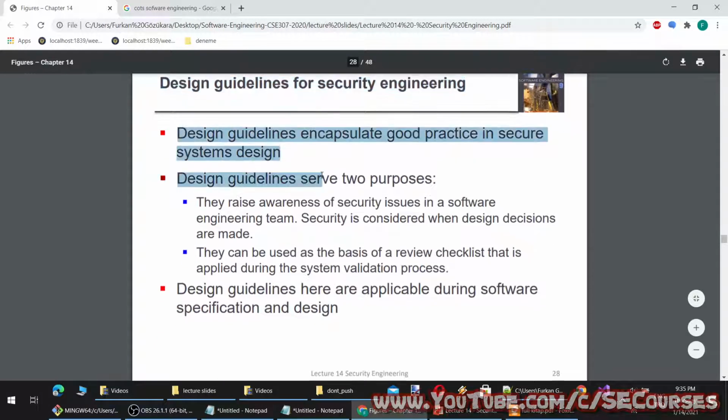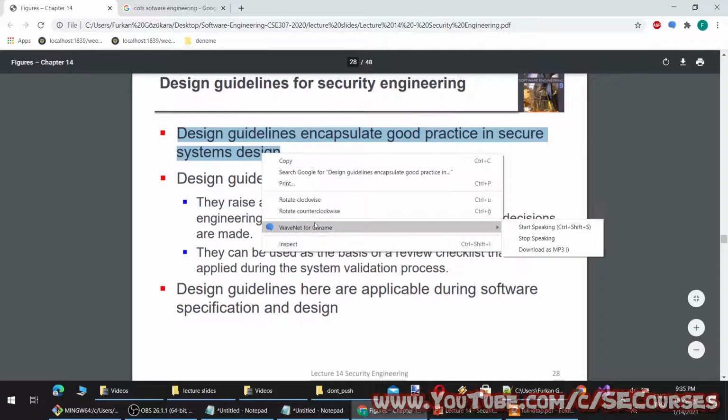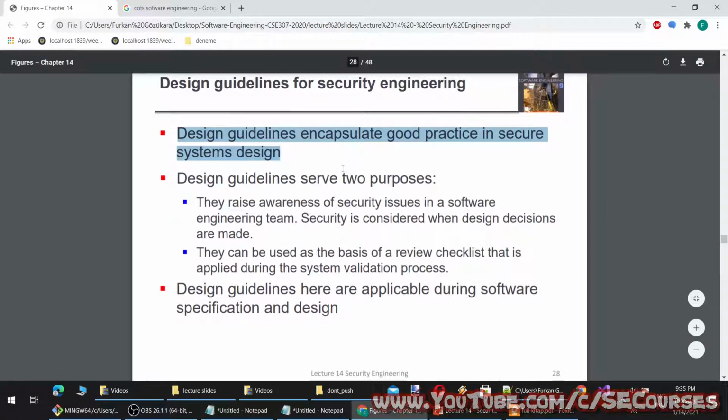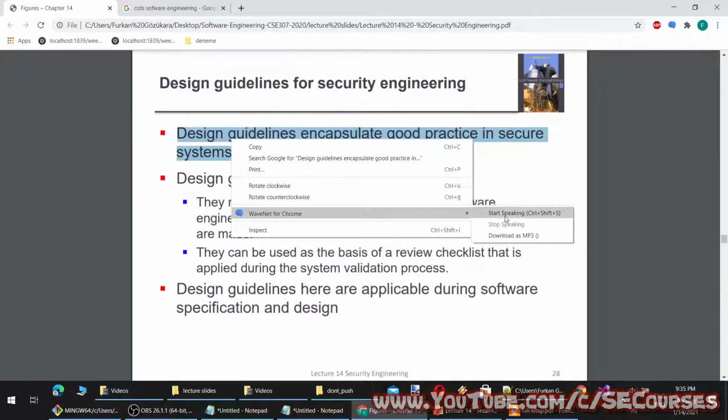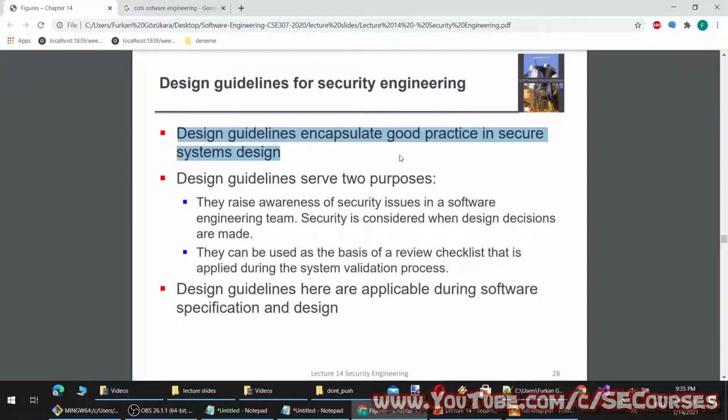Design guidelines for security engineering. Design guidelines encapsulate good practice in secure systems design.